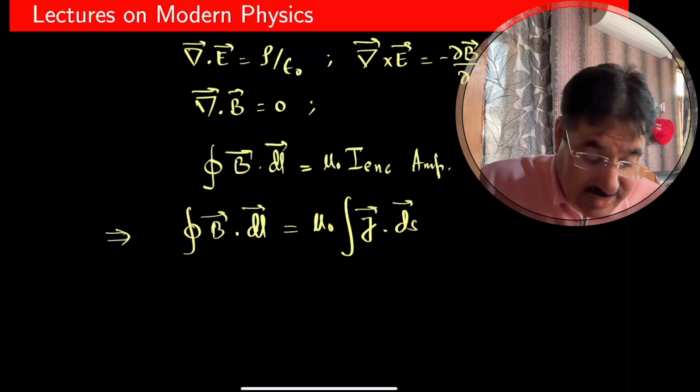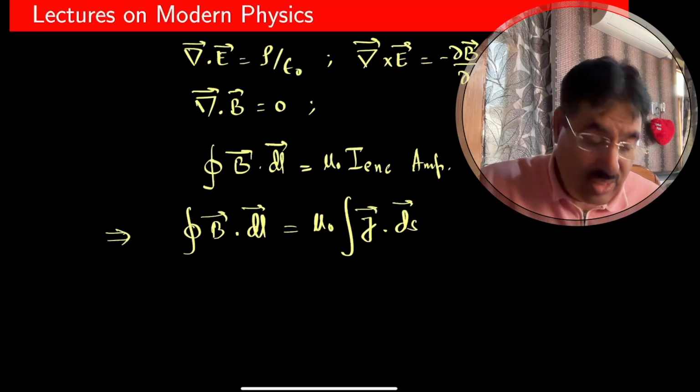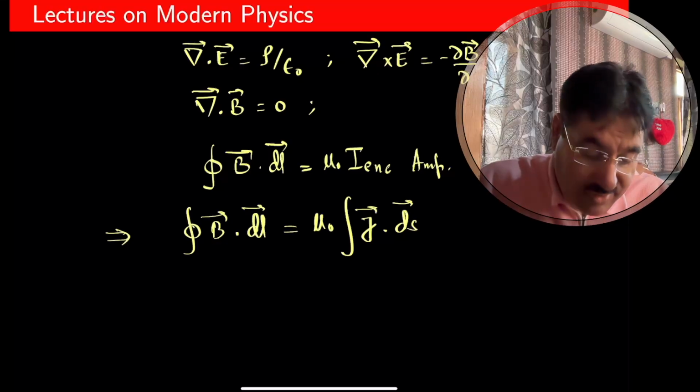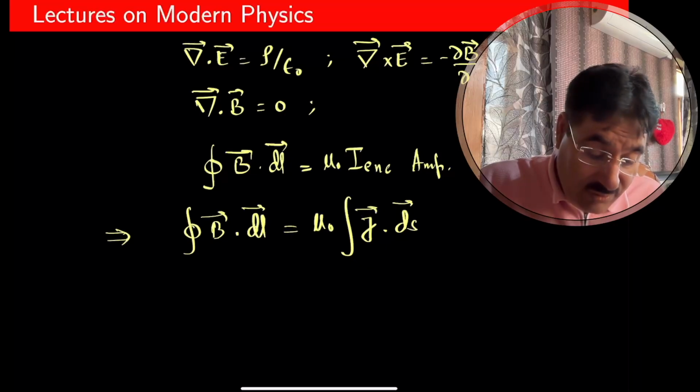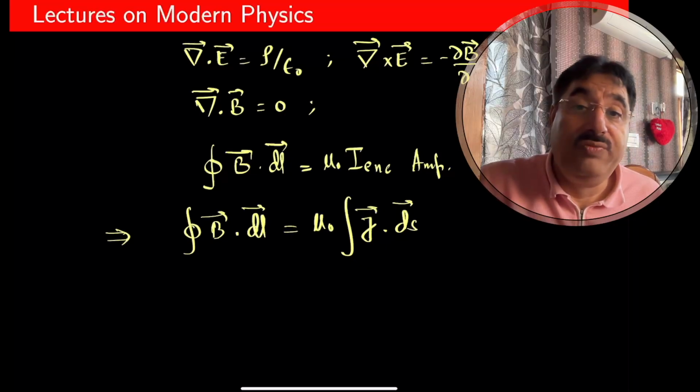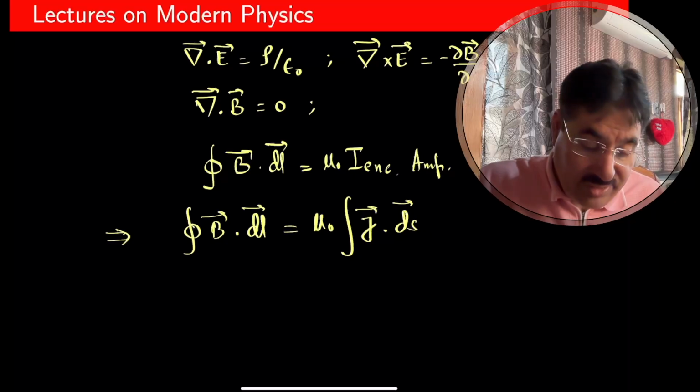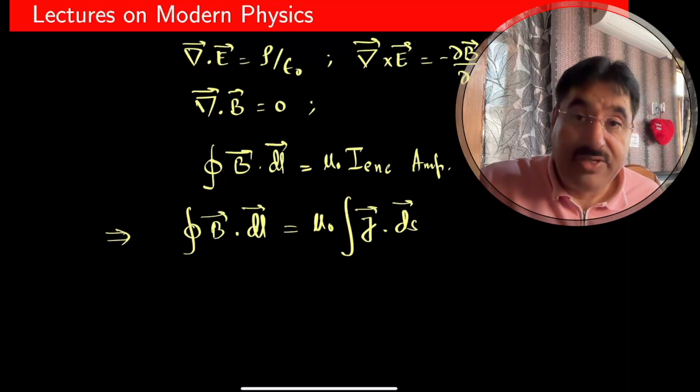So the flux of the current density is what will quantify current through a surface, right? Suppose I have a surface, I want to see how much current is flowing through that surface, and that is given by current density, current by area, and the total flux of the current density measures the current through this surface.